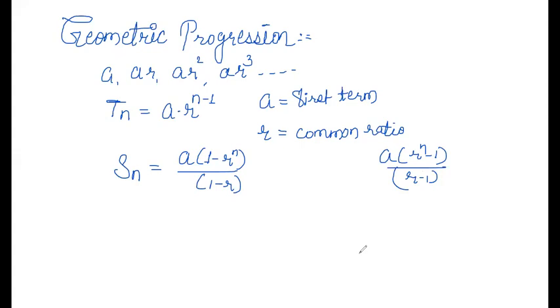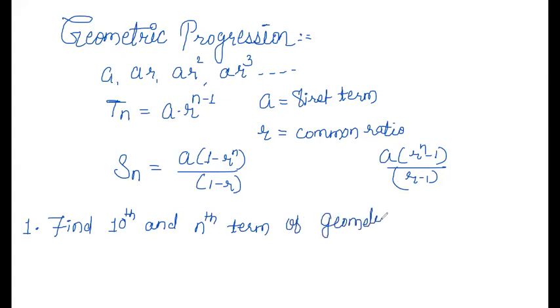Okay. So let us start with first example. Find 10th and nth term of geometric sequence 7 by 2, 7 by 4, 7 by 8, 7 by 16 and so on.